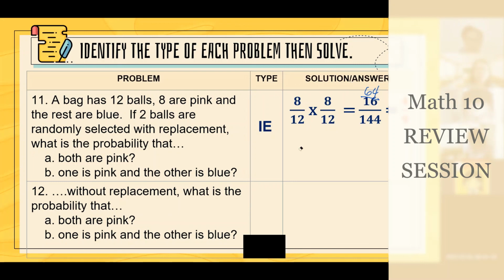Okay, next, letter B. Letter B, what is your answer, Mavi? Two over 9 po. So, let's see.